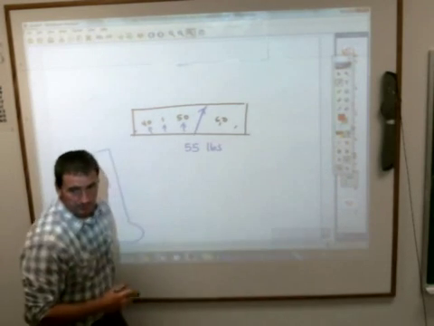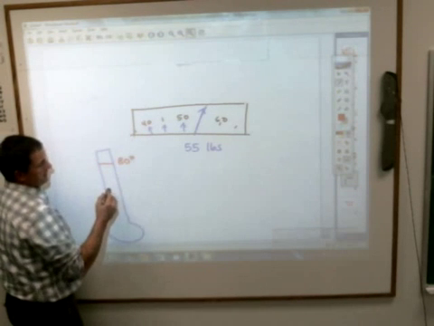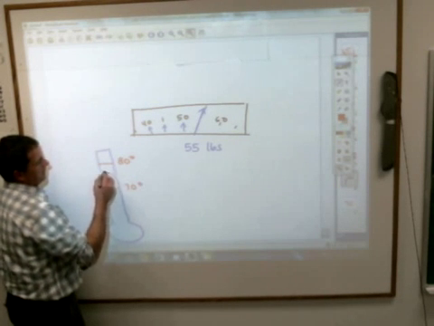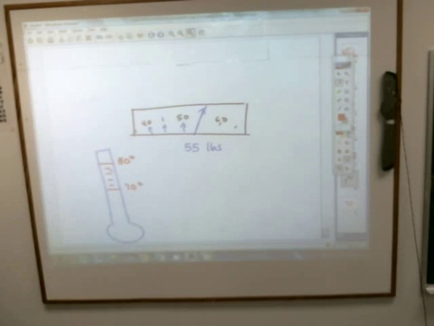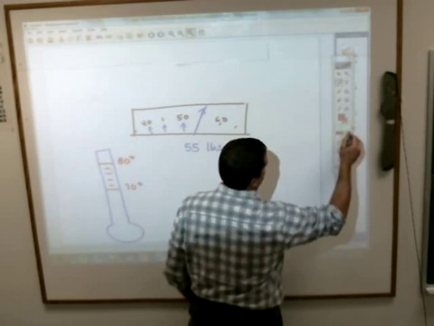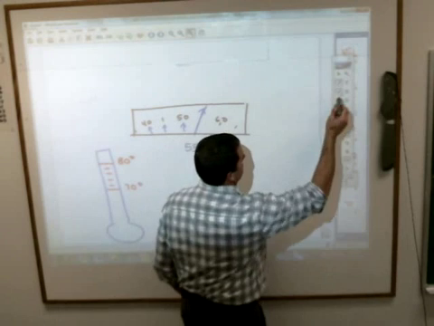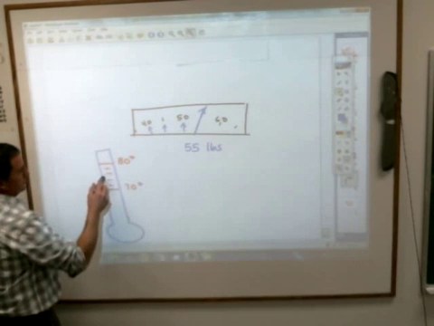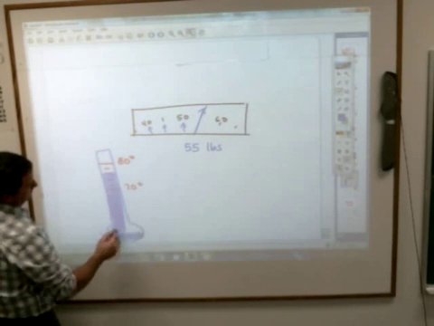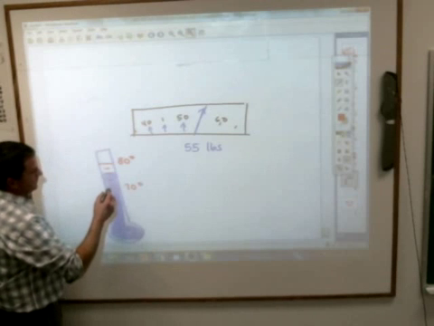Let's say this mark is 80 degrees, and this mark here is 70 degrees, and in between you have 4 marks, and let's say that your thermometer went all the way up to right there.